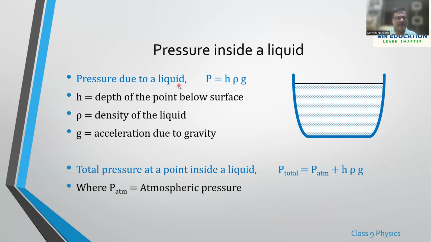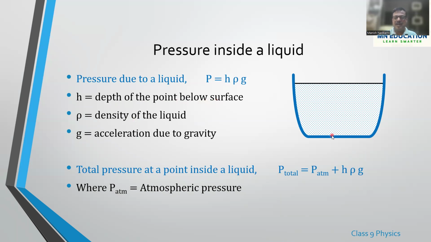Pressure due to a liquid is given by the formula P = h rho g. This middle term is called rho, the symbol for density of the liquid. So let's understand all 3 terms. h is the depth of the point below the surface.